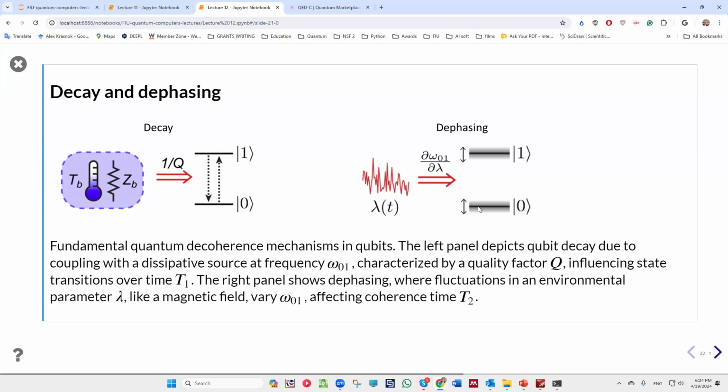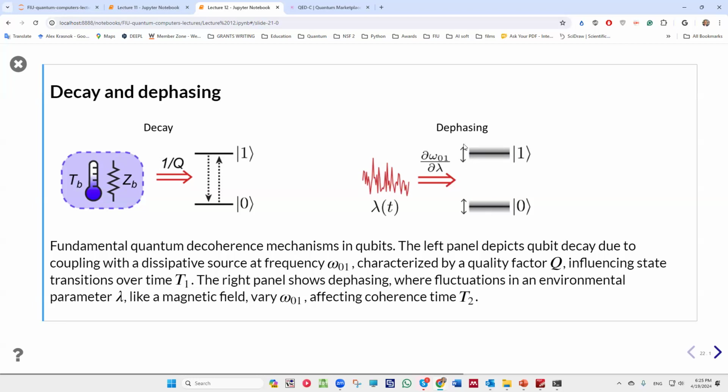Dephasing. Let's say our system is sensitive to some parameter lambda. It can be, for example, microwave or magnetic field, or temperature or something else. Let's say this parameter fluctuates, and this fluctuation will lead to fluctuation of the energy state. So the energy state is no longer just a defined line in this graph, it's rather an area.